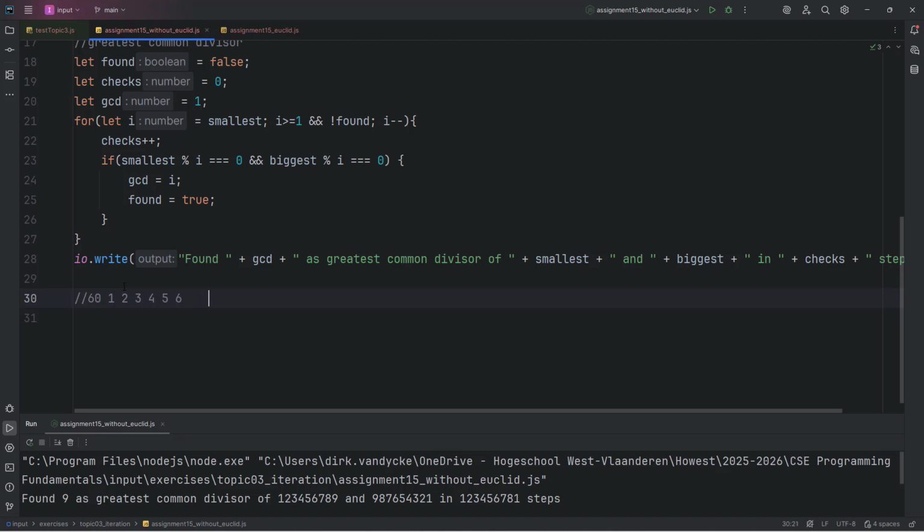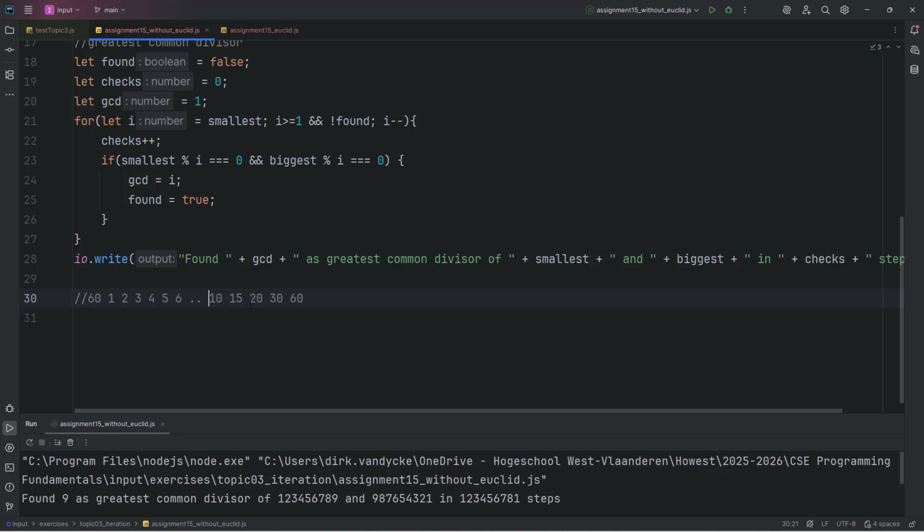So on the other side, perhaps I'm not there yet, I will have 1 times 60, and that's 2 times 30, and that will be 3 times 20, and that will be 4 times 15, and that will be 6 times 10, okay?